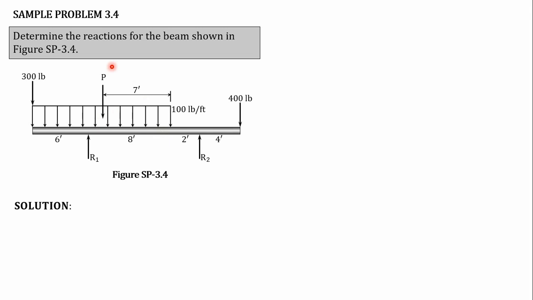The resultant acts at the center, so that's why it is 7 feet from this point.